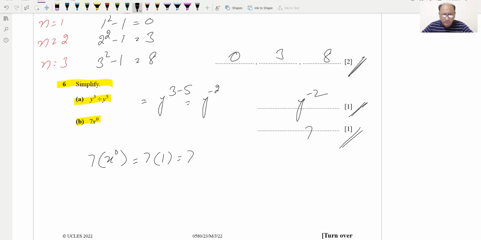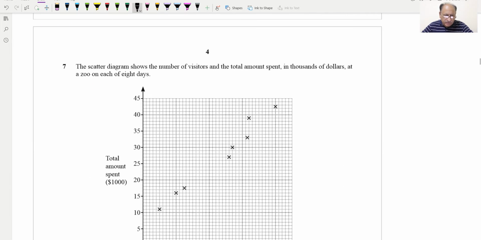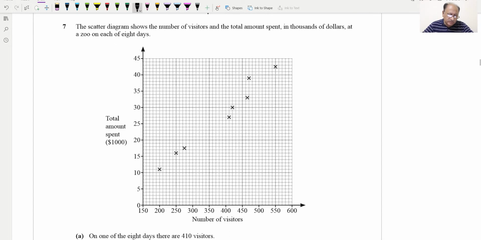So this is done. Now we can move to question number 7. The scatter diagram shows the number of visitors and the total amount spent in thousands of dollars at a zoo on each of 8 days. This side is total amount spent in thousands, and this side is number of visitors.